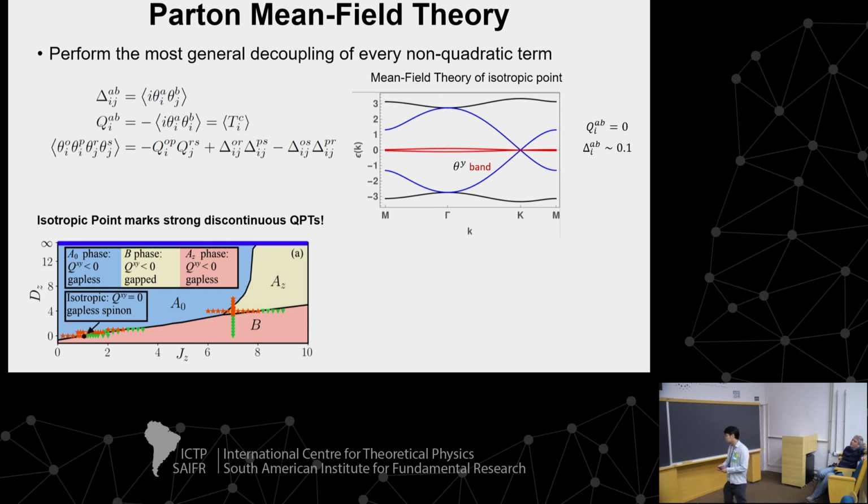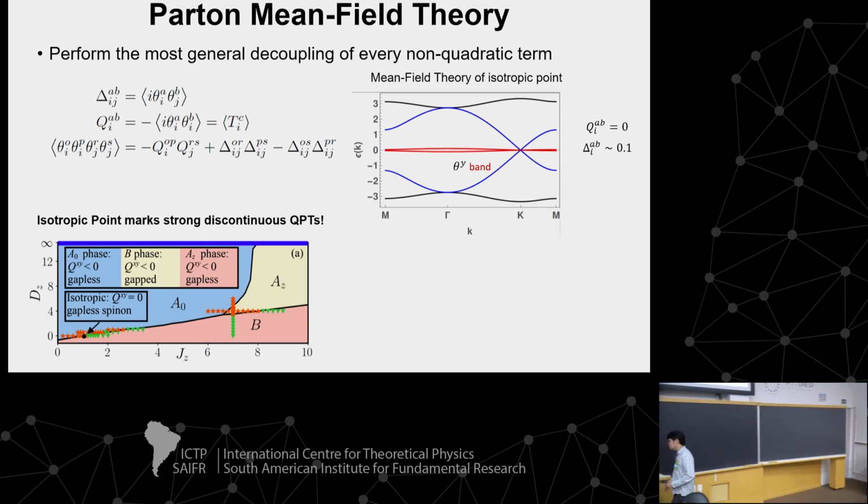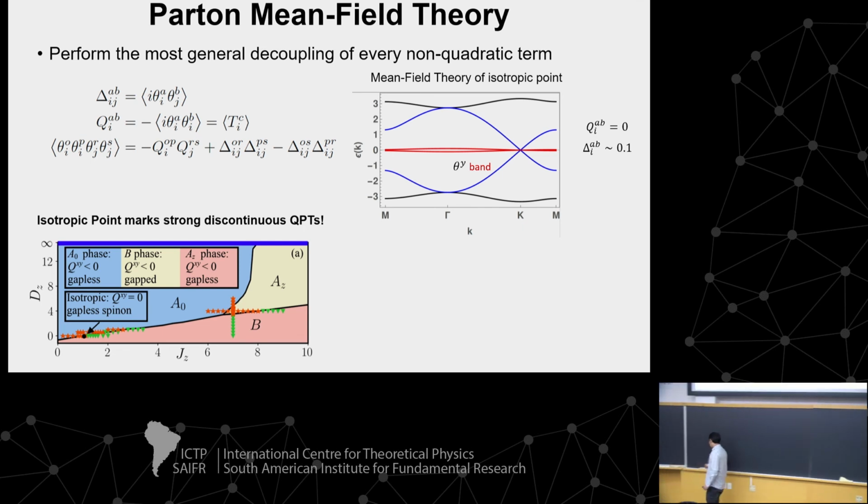We have an idea about what the difference is between the A_Z and B phases. If you remember, the toric code for Kitaev is defined on these kinds of square lattices. In the case of the spin 1/2 Kitaev model, this toric code-like phase is derived at fourth order perturbation theory.